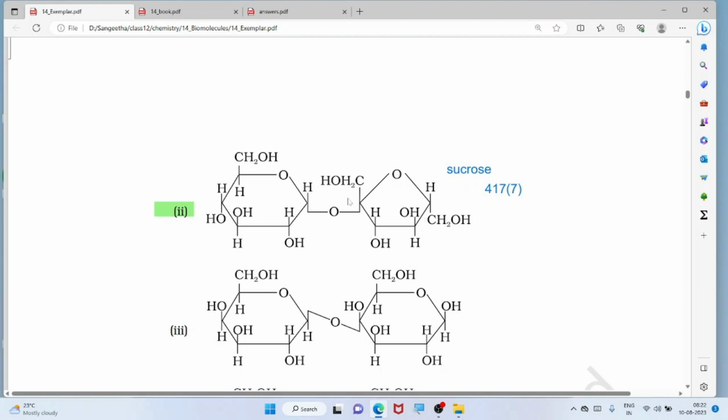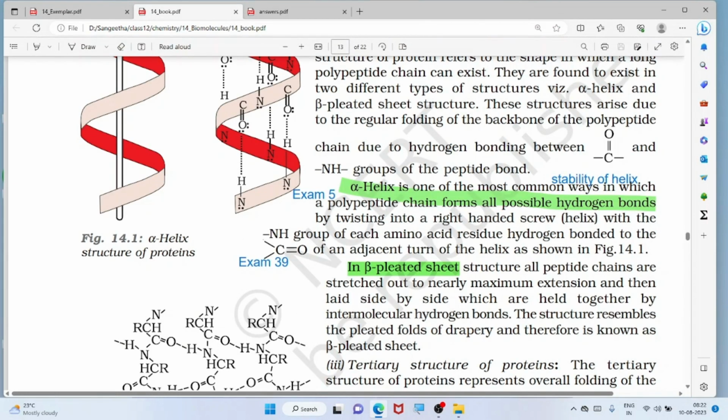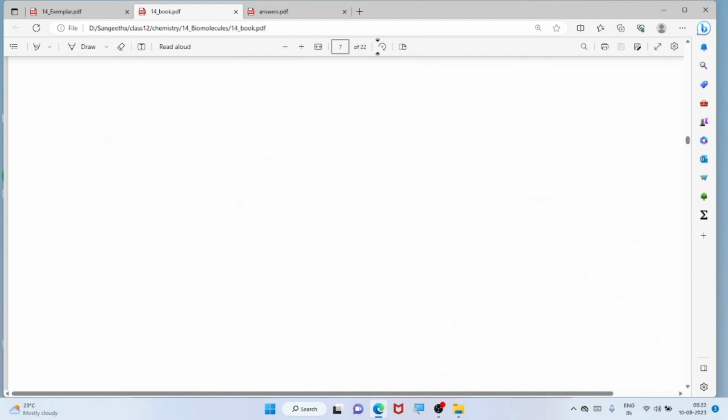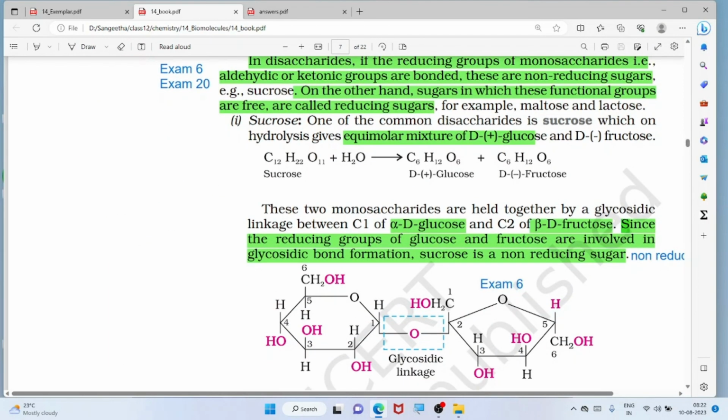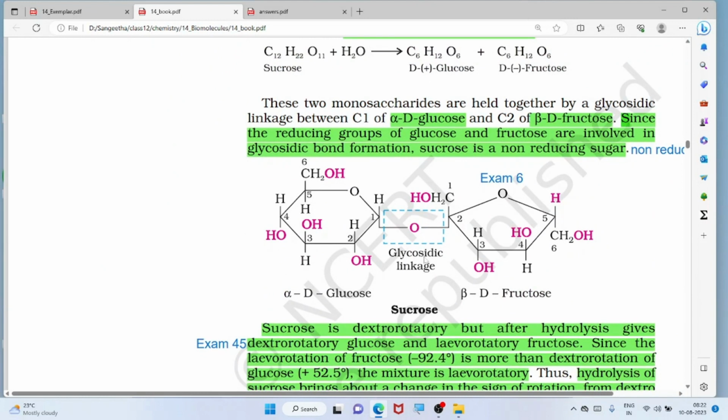There is a bond between this aldehyde group and this molecule. So this is a non-reducing sugar, since the reducing groups of glucose and fructose are involved in the glycosidic bond formation.